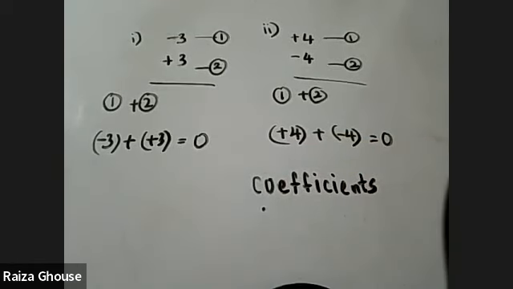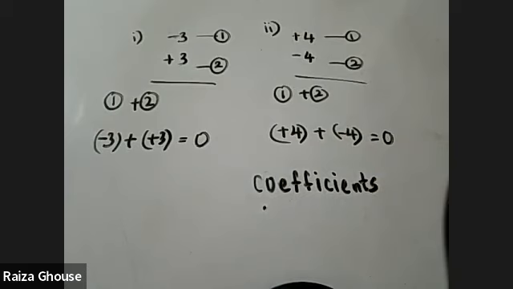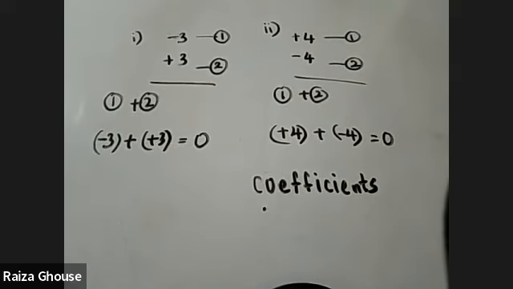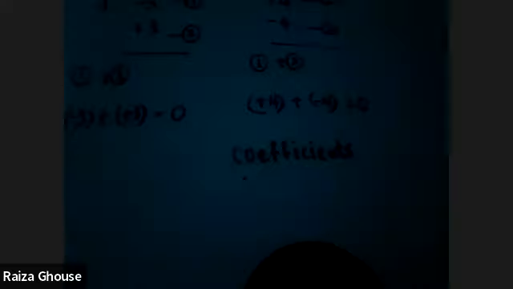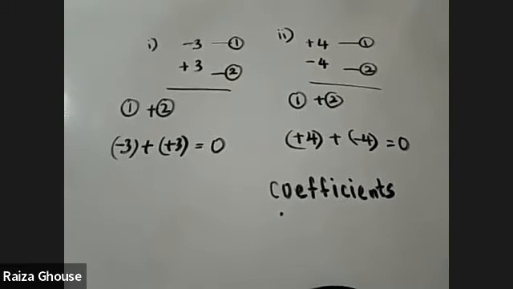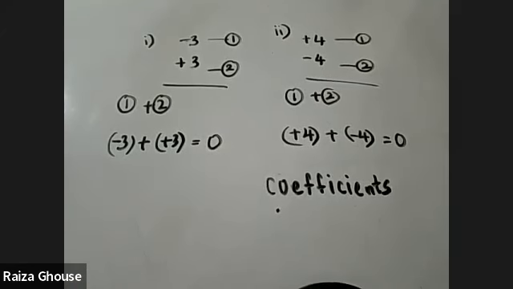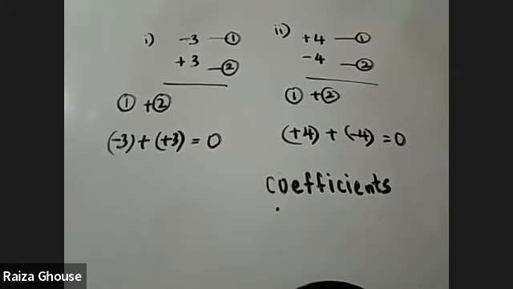When you get the same coefficients with different signs, then we need to add to get rid of that.